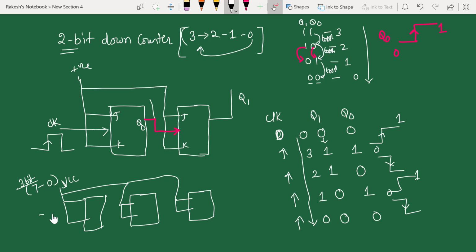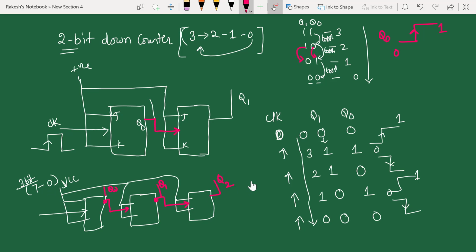The only thing is you give the clock to the first flip-flop. The second flip-flop clock will be generated from the first flip-flop Q output. Similarly, the third flip-flop clock will be generated from the Q1 output. Now this is your Q0, this is your Q1 and this is your Q2. This is going to count in the downwards fashion, 7 to 0.